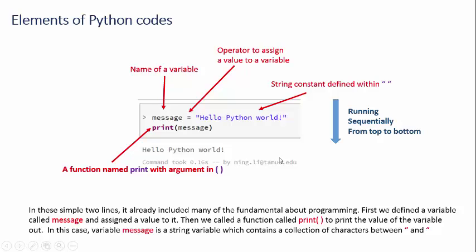Looks simple, but it has a lot of concepts like variable, string variable, a function, or how to apply a function to a particular variable. So that's a basic summary of all the aspects from this simple two lines of Python code.